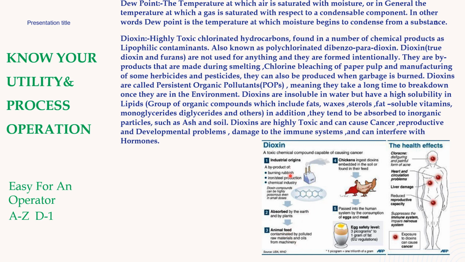So, how is the dioxin retained in the environment? We can see chickens ingest dioxins embedded in the soil or found in their feed. So that type of chickens are taken as food. That will create problems. It is passed into the human system by the consumption of eggs and meat.